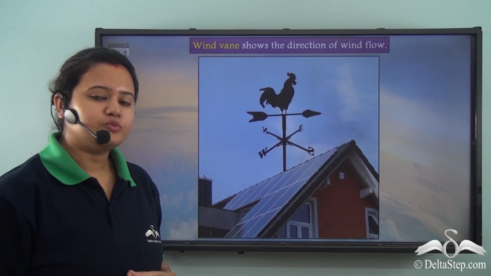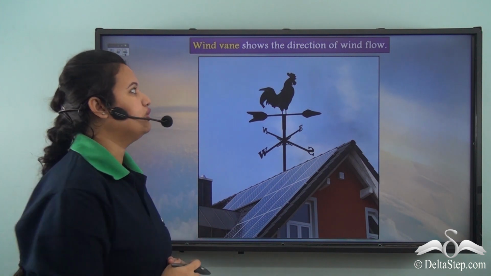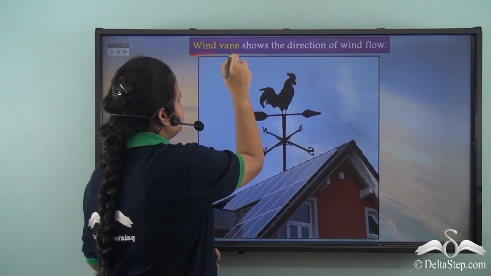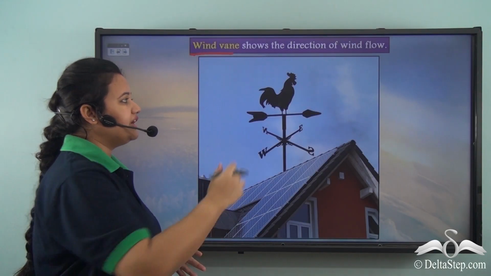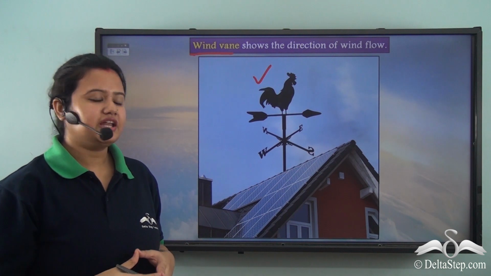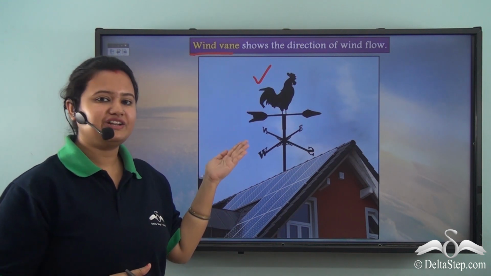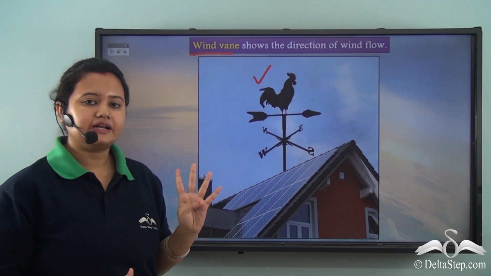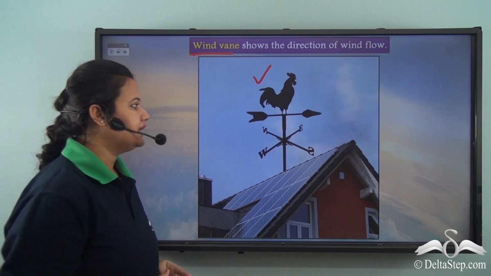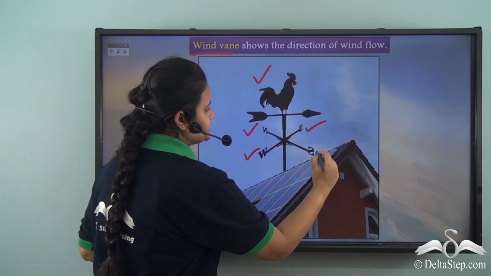Well, the instrument that helps us to determine or find the direction of wind flow is known as windvane. Say this is the picture of a windvane, and here we can find a cock. Well, let me tell you that this is not an ordinary cock, rather it is a windvane. Now as we can see here in this instrument, 4 main cardinal directions are shown, that is east, west, north, south.